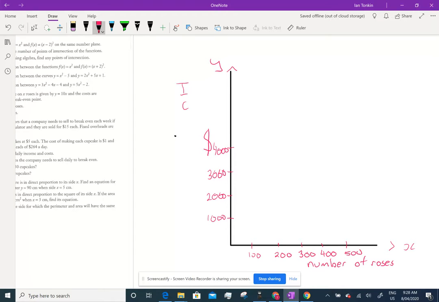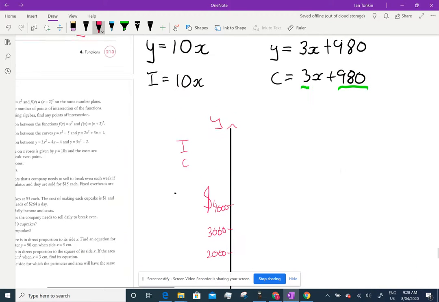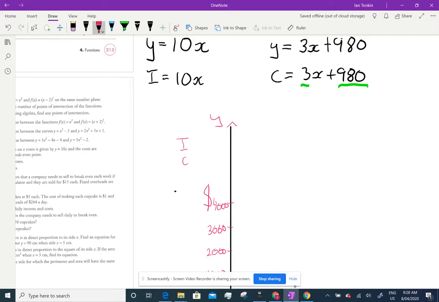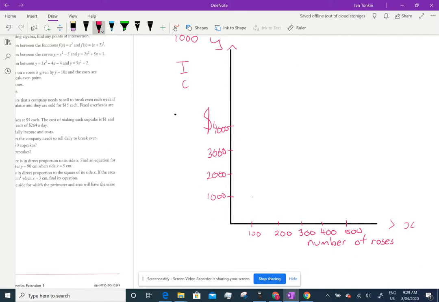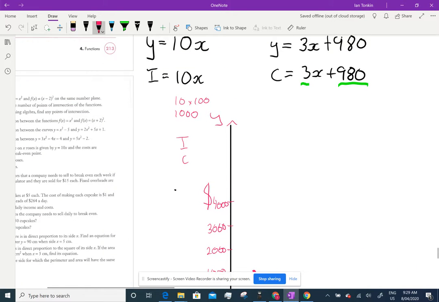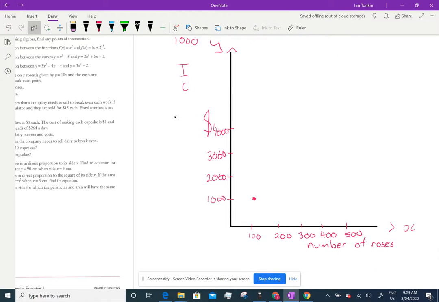Okay, now the first one, 10x. So if I sold 100, I get 10 times 100, 10,000. Oh, sorry, 1,000. So that works really easy because there's my first point. And if I sold 200, I get 2,000.